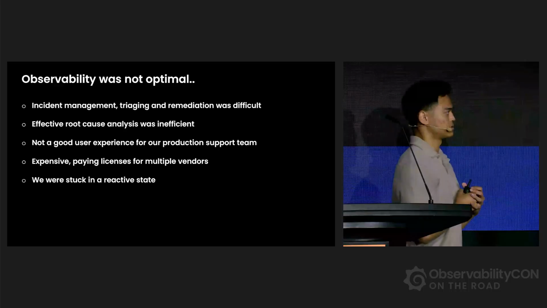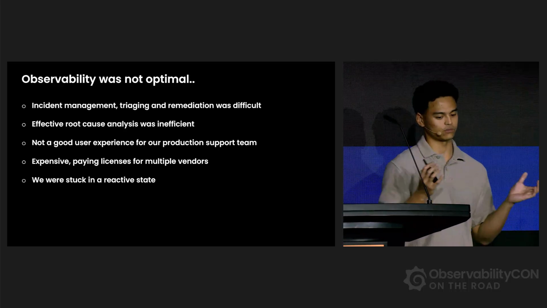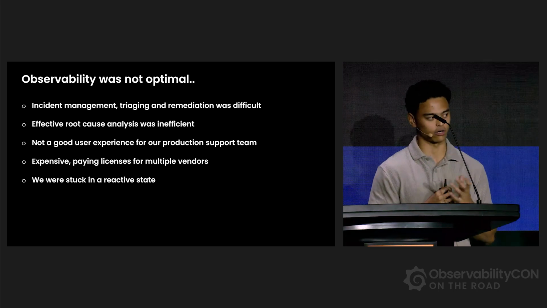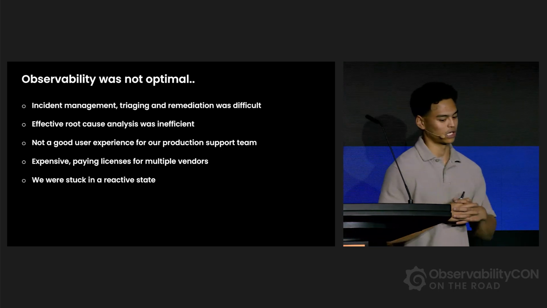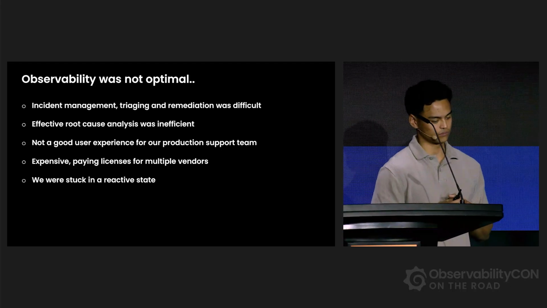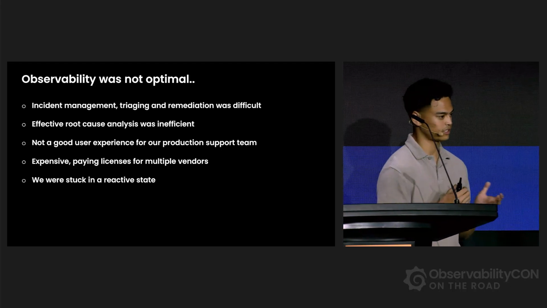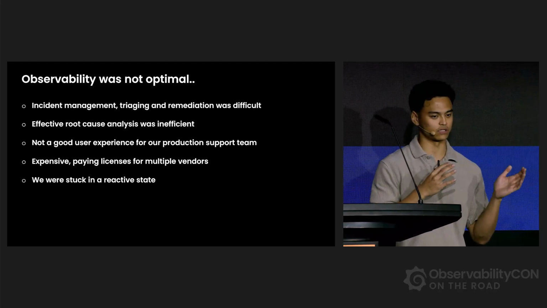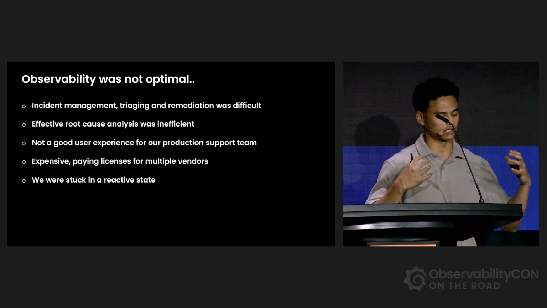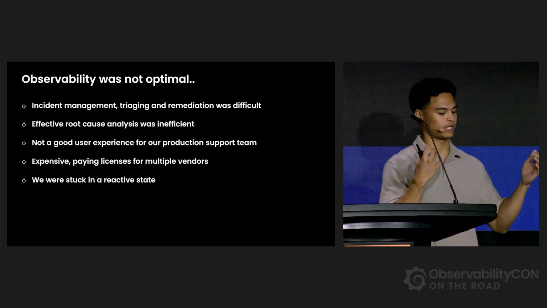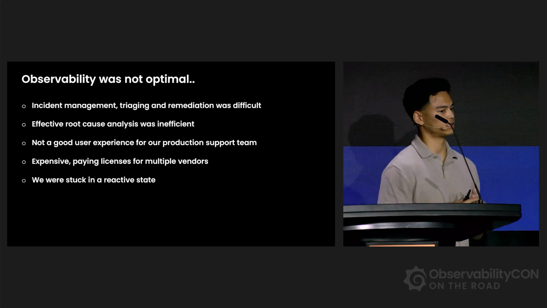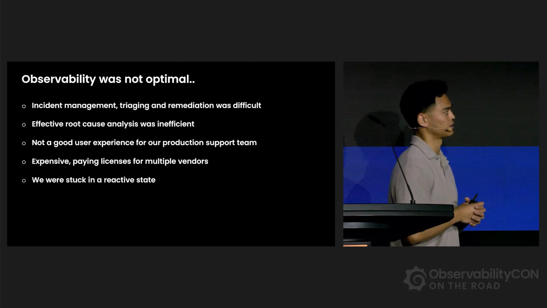As a result of this, our observability fleet wasn't optimal. When it came to incident management, triaging, and collaboration, it was very difficult and very time-consuming. Especially when something went wrong, all of our engineers were just flicking between the different tools, and they had to manually build out all the pieces and put them together, which obviously increased our SLAs.